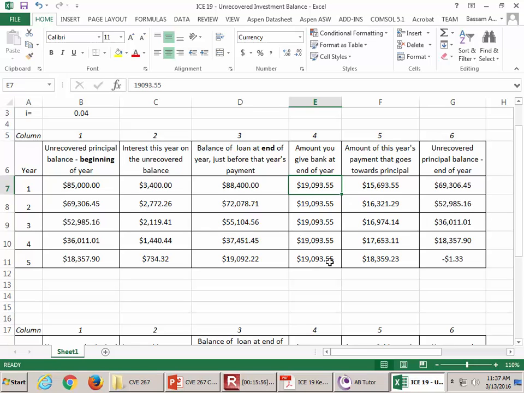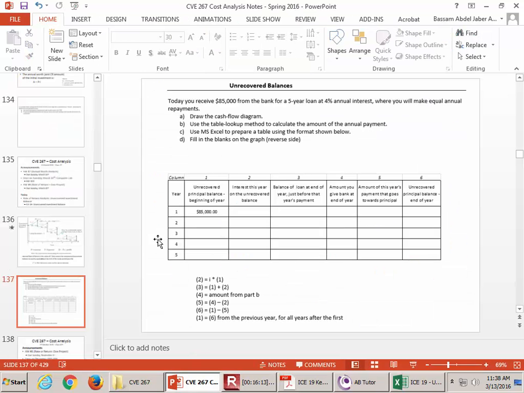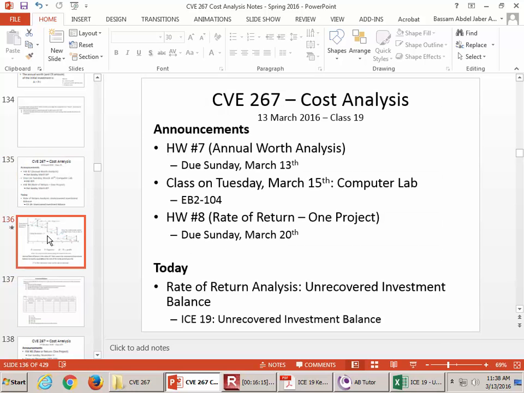You know, like if it's not already set up to balance to zero. What you could do is set up a goal seek where it's changing this, and the objective is for the unrecovered balance at the end of the entire lifespan to be down to zero. So that's what we're going to do for decision making as we move forward in solving for this I prime.